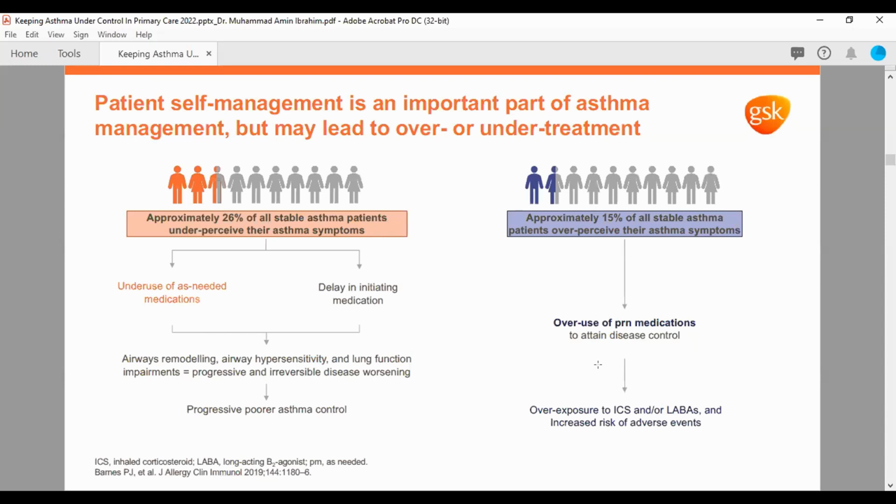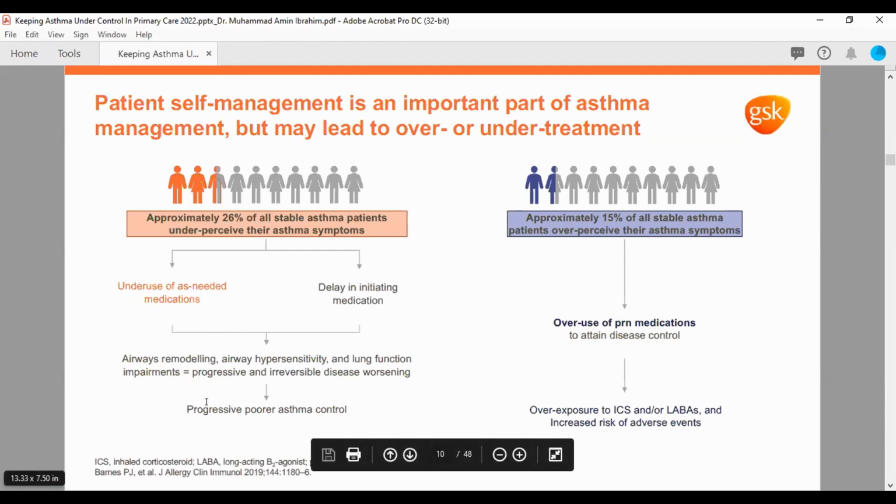In this group of patients, they tend to underuse the reliever treatment, and there is delay in initiation of the medication because they think the asthma is well controlled, so no need to take any regular medication. If we allow these things to happen, this will lead to progressively poorer asthma control.